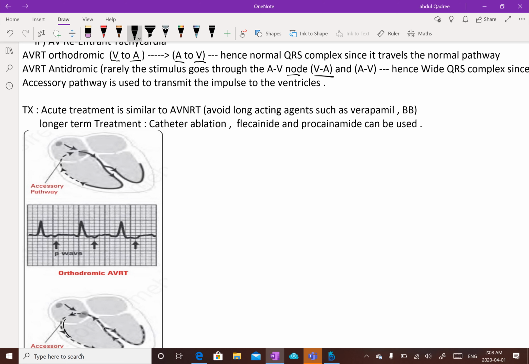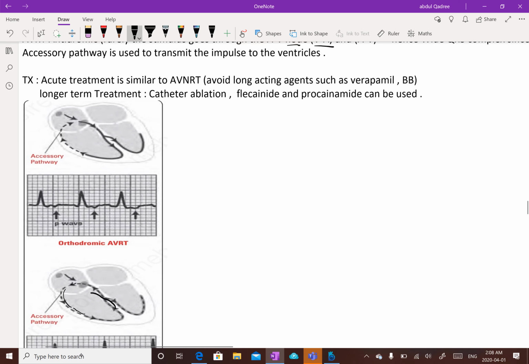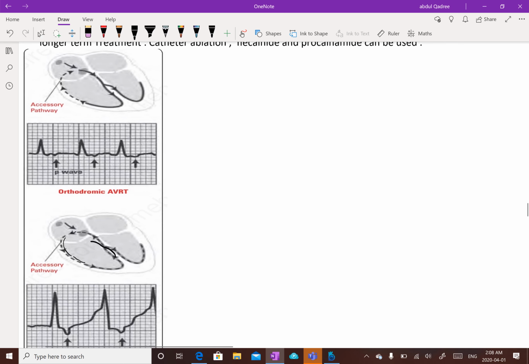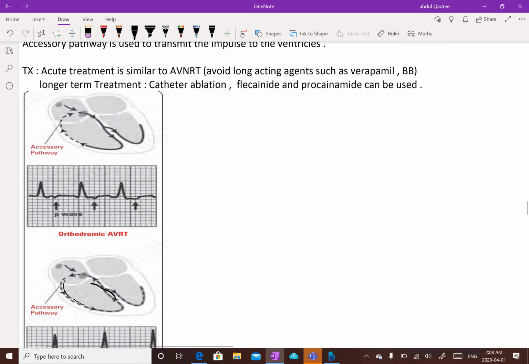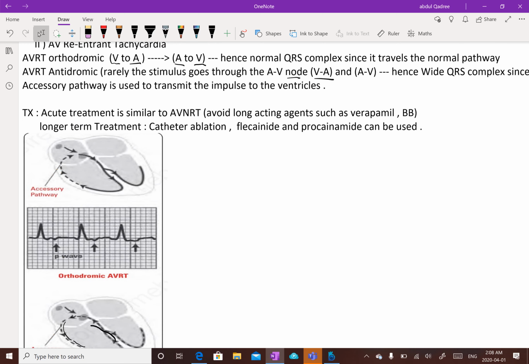You see this formation, it's going back. So when it goes from the atria to the ventricle, it starts to form late, or it takes a longer time, and the QRS becomes wider.